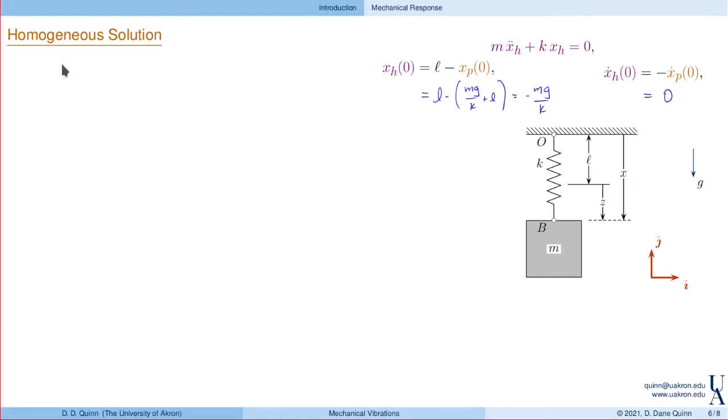So this homogeneous solution solves the equation with no forcing and must satisfy specific initial conditions.